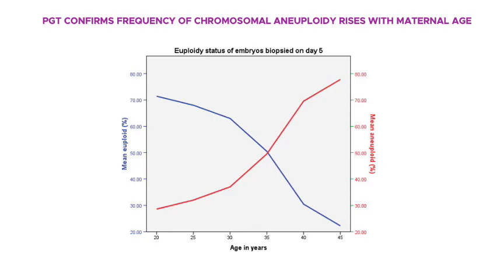However, all of these karyotypes and FISH and comparative genomic hybridization and next-gen sequencing confirm what has long been known, and that is that the frequency of chromosomal aneuploidies, and probably also structural defects, increases with maternal age.